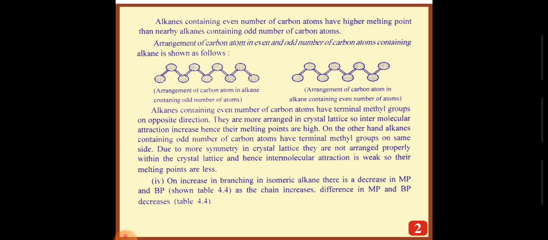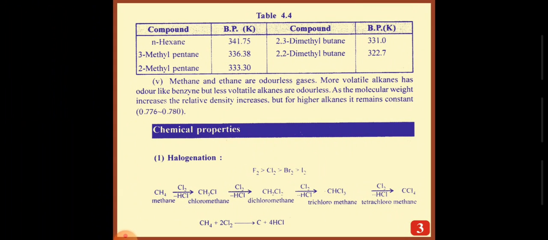So with increase in branching in isomeric alkanes, there is an increase in melting point and boiling point. As the chain increases, the difference in melting point and boiling point decreases, as shown in table 4.4. Methane and ethane are odorless gases.